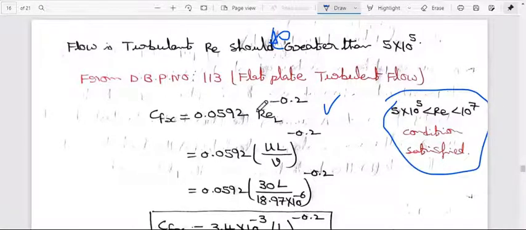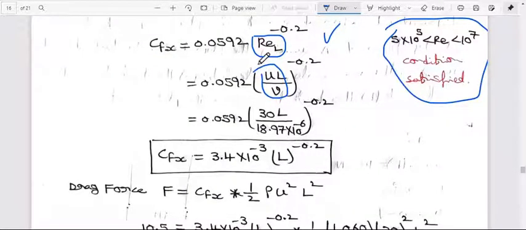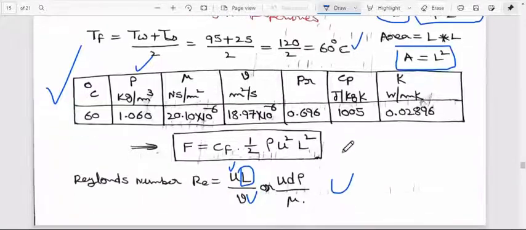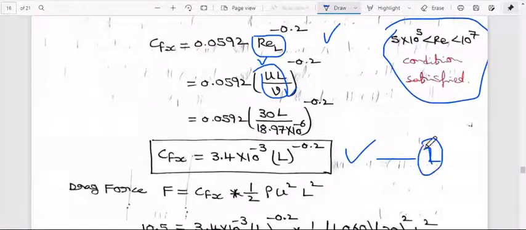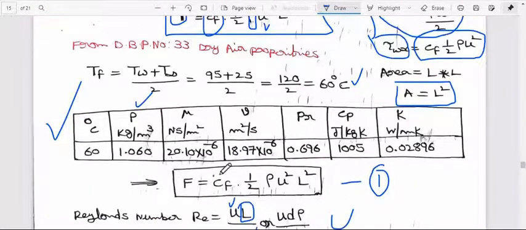We need to substitute REL is equal to UL by V, where U and V are known parameters and L is the unknown parameter. Now we substitute these values. So what is the CFX value? 3.4 into 10 power minus 3 L power minus 0.2. This is equation number 2, and the earlier one is equation number 1. So we need to substitute the CF value in the first equation.